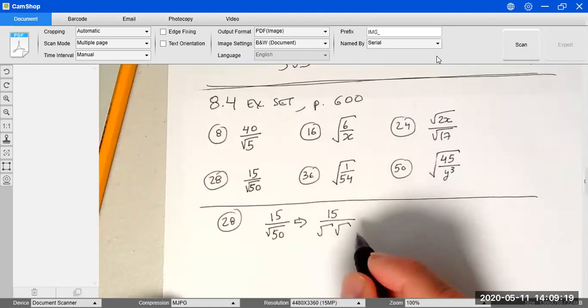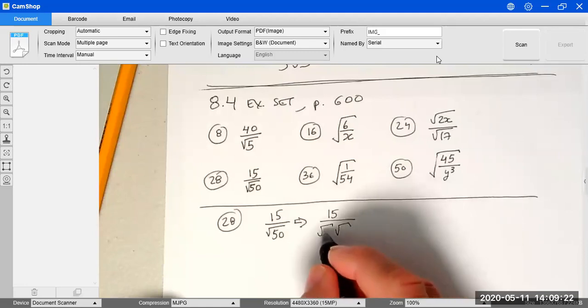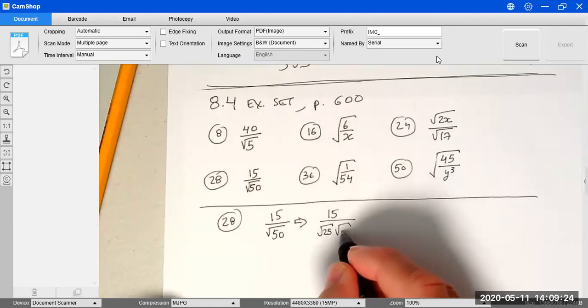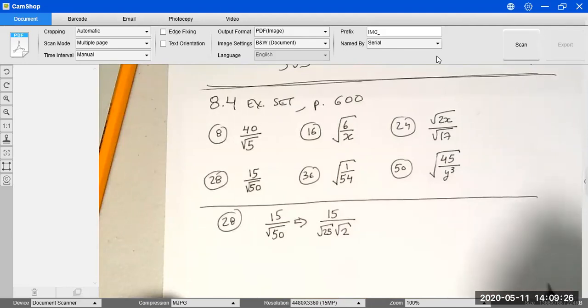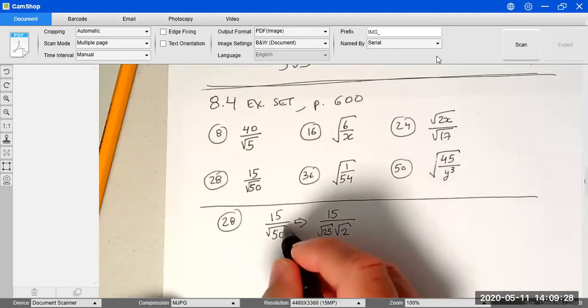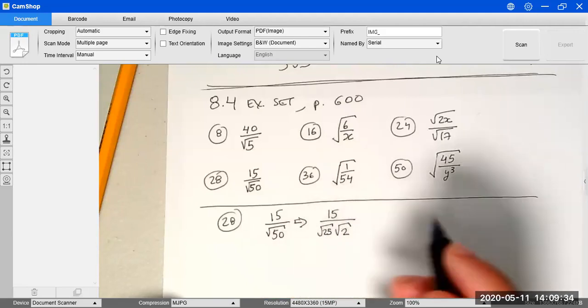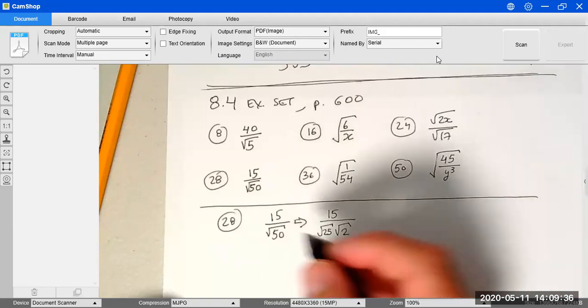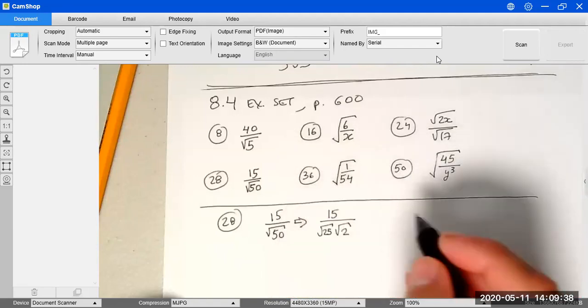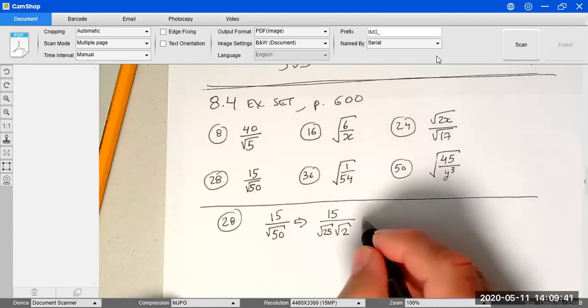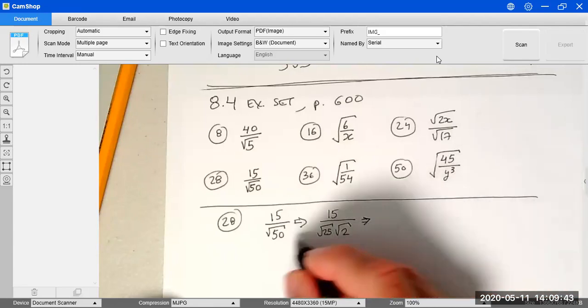One radical is going to contain a perfect square, so we know that 25 is a perfect square, and 25 times 2 is going to be 50. So we are breaking a radical into parts, and remember the purpose of doing this is because you're going to get a perfect square. Otherwise you don't do any of this. You just go directly and multiply both the numerator and the denominator by the square root of 50. But in this case we can simplify the radical first.